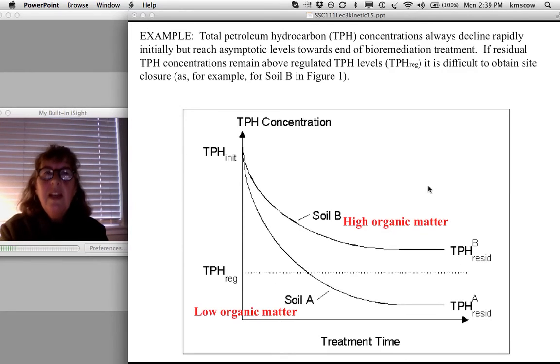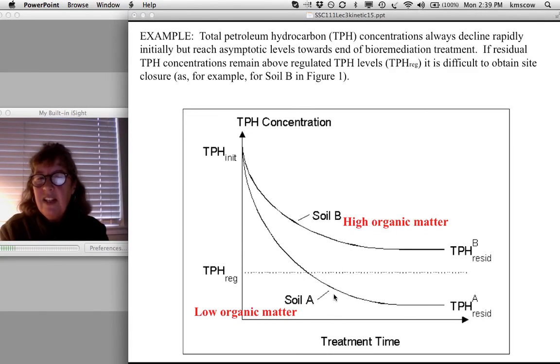Here is another interesting phenomenon that you see in soil that is related to this availability issue. And this shows you, in this case, total petroleum hydrocarbon concentration on the y-axis, starting with the initial concentration of that over time in two soils.